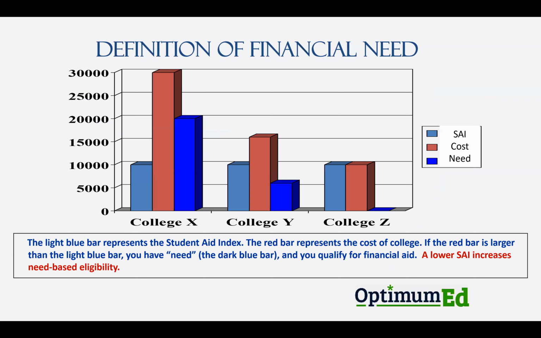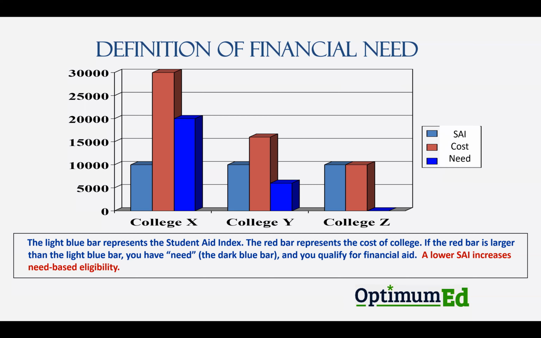So, as I was implying before, now we see it in graph form, that student aid index is compared to the cost of school. Here it is visually. The light blue is the index number, the red bar is the cost of the school, and then obviously the difference is the dark blue need eligibility that's established.